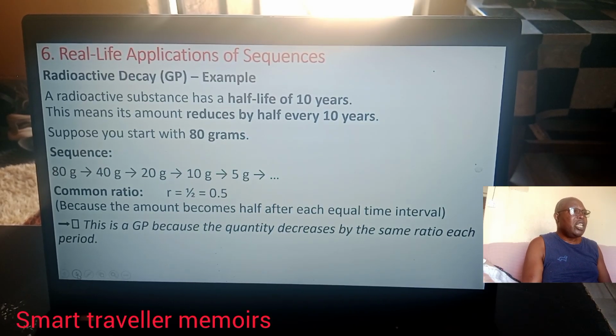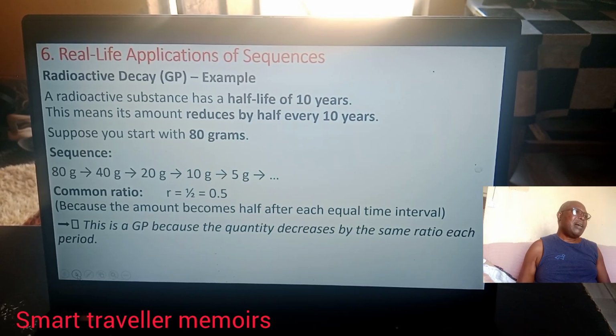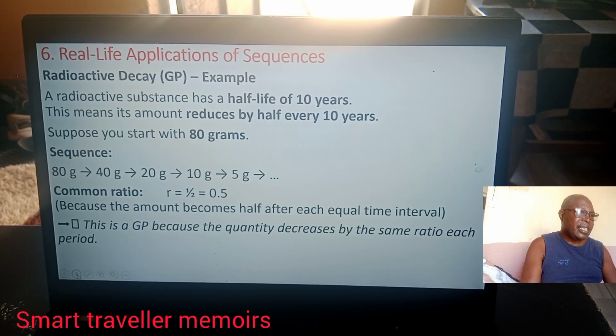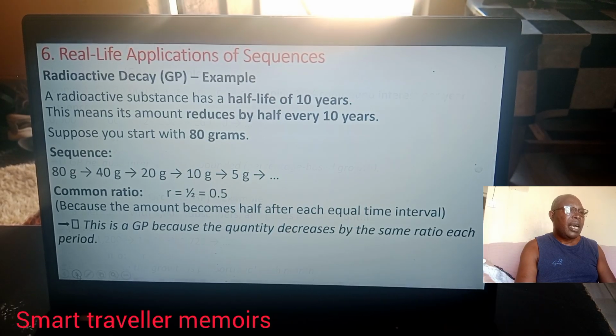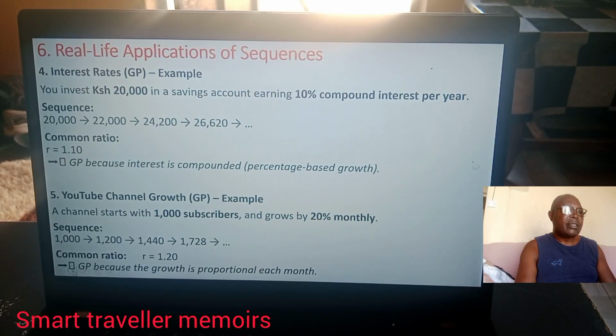So here the common ratio is a half or 0.5 because the amount becomes half after each equal time interval. This is a GP because the quantity decreases by the same ratio each time. GP is geometric progression, or sometimes you call a sequence a progression.